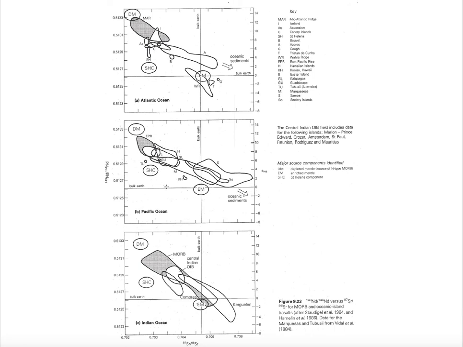So now we are going to the Pacific Ocean, and in the Pacific Ocean we have then other hotspots or ocean island basalts. We have here S, that is Samoa, in the South Pacific.